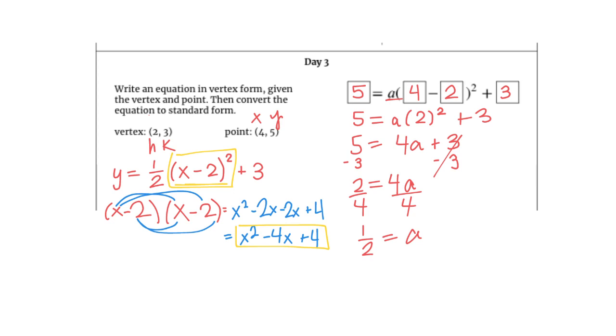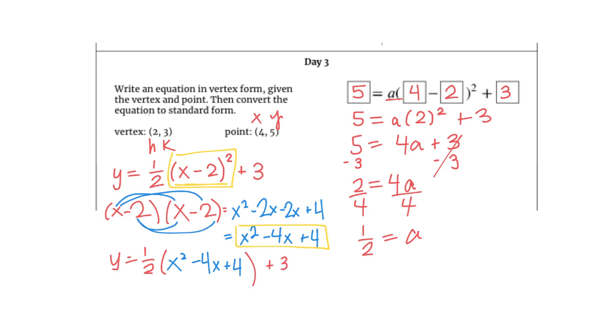So we'll rewrite this as y equals 1/2, and then parentheses, plug in that x squared minus 4x plus 4. And then we add 3 at the end.